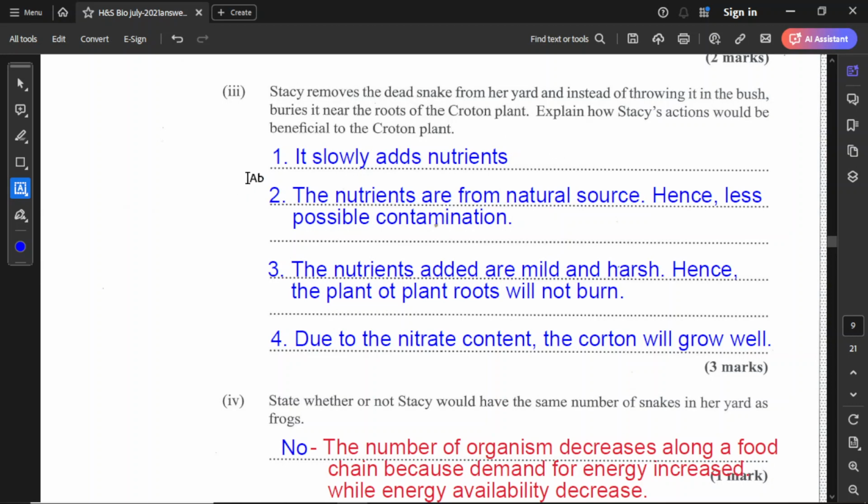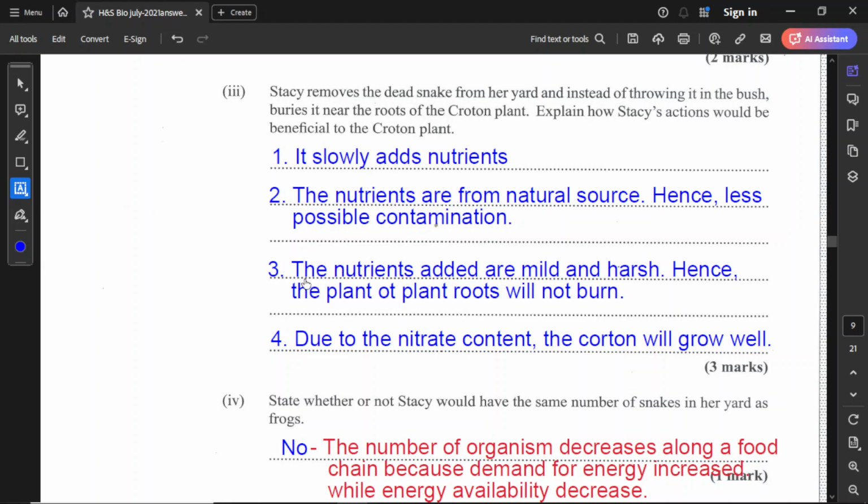One, because the snake is decaying, pretty much breaking down the organic materials into simpler forms, it may slowly add nutrients to our plant. And again, the nutrients are from a natural source instead of using inorganic fertilizer, hence less possible contamination, because it's a conversion of organic material to nutrients that are needed by plants, especially nitrates.